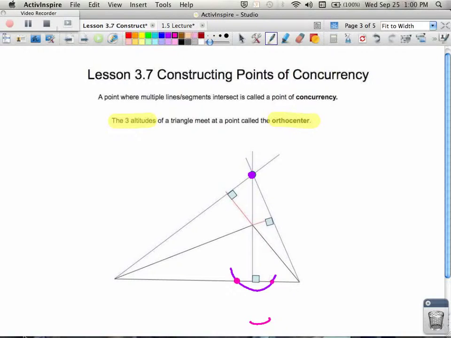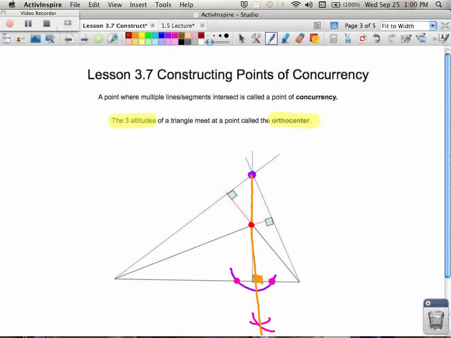I do the same thing from the other intersection of my arc and the bottom side of the triangle, and I make another arc. Now I can go from the point to the intersection of those two arcs, and that generates an altitude, a perpendicular to the line. We did this earlier in chapter 3. And what you'll notice is where all three of these altitudes cross, there is an intersection, and that is called the orthocenter.